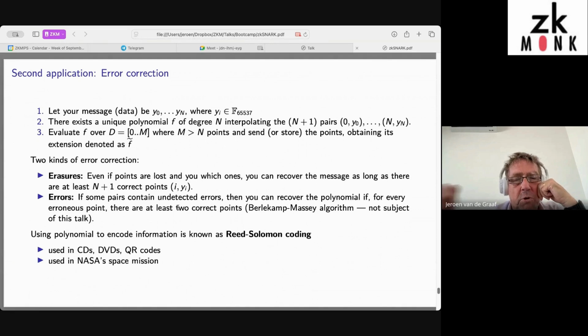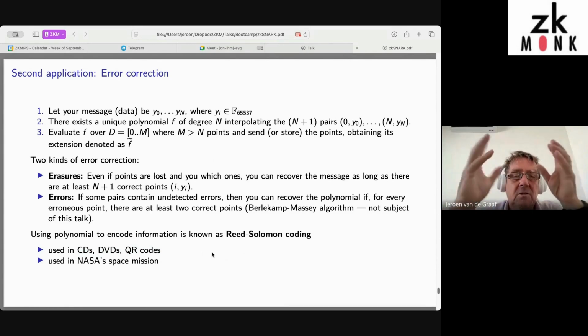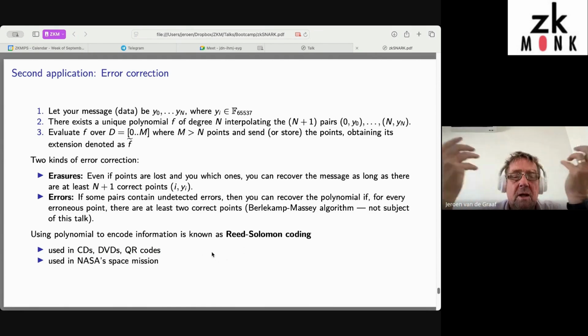These codes using polynomials are known as Reed-Solomon codes, and it's very interesting if you look for this. CDs, DVDs, and even QR codes are based on this whole philosophy: you take the original message and extend it with a polynomial.